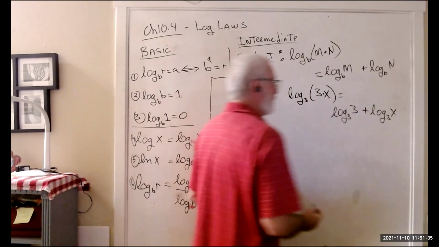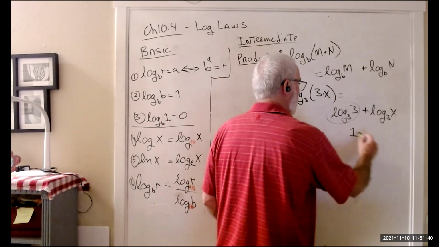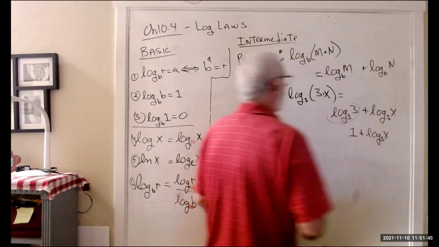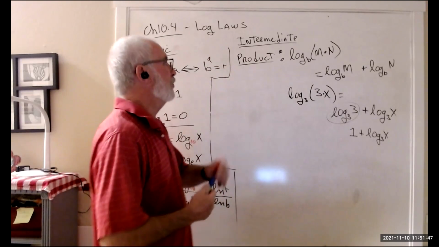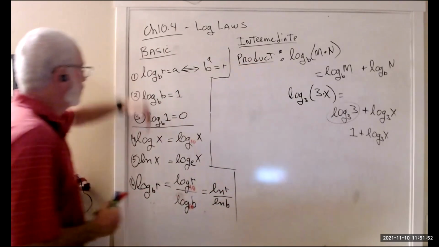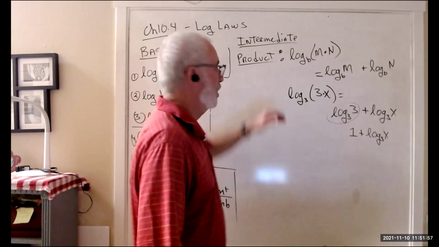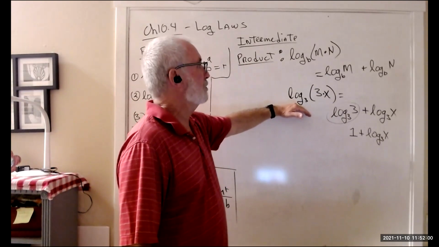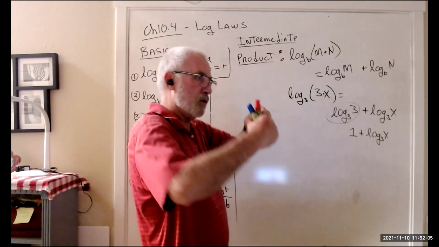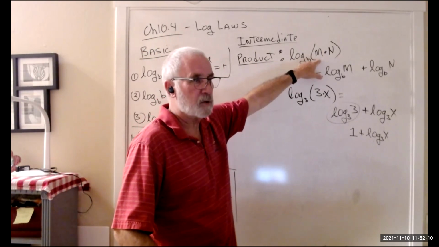Now, it just happens that log base 3 of 3 is 1. So this is 1 plus the log base 3 of x. So using this product rule and one of these other rules, we could do a lot of simplifying of logarithmic statements. That's called the product rule, where you can split apart something that was multiplying.